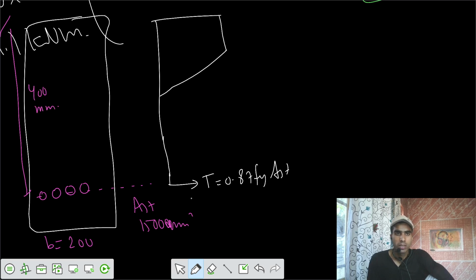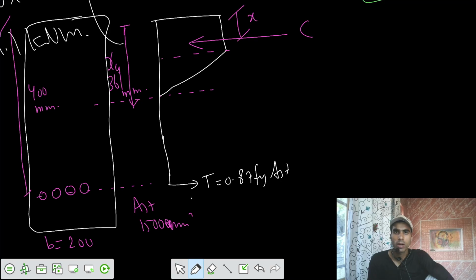The neutral axis is somewhere here, with 1/3 and 2/3 of xu, and we got the location of the neutral axis xu as 361 millimeters. The C force is acting somewhere here at x bar equals 0.422 xu.